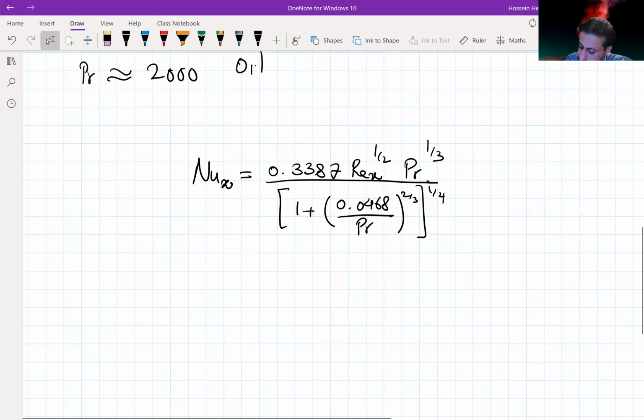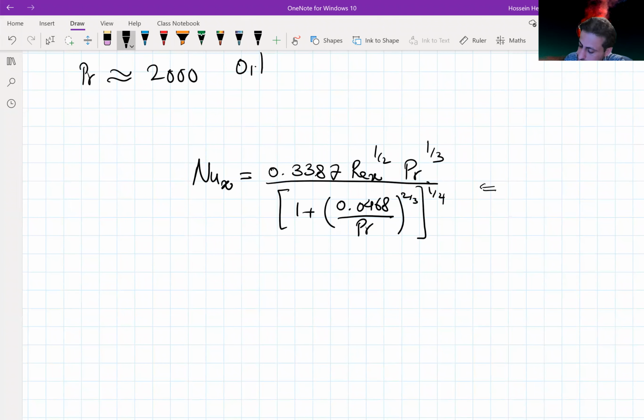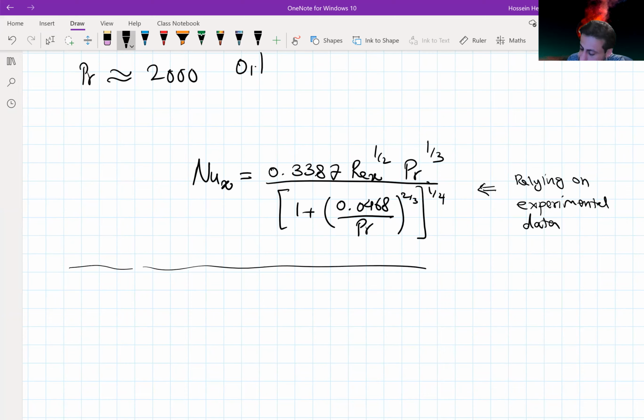This Nusselt number is found empirically by relying on experimental data for a wide range of fluids, and it's valid for a wide range of Prandtl number.